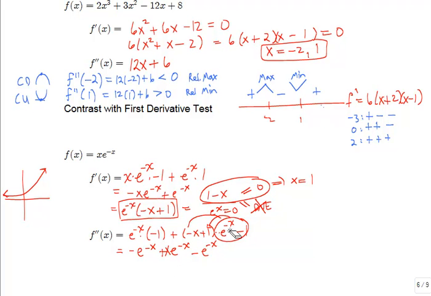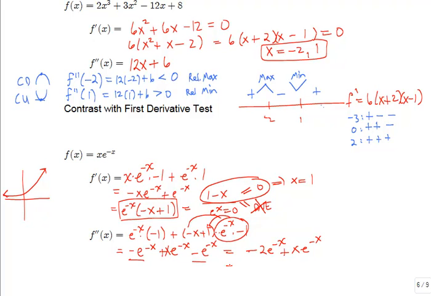Okay, so I just took my negative 1 times e to the negative x times our negative x, so it became plus, and we have an x and an e to the negative x left, and then my minus e to the negative x times 1. Okay, so simplifying that, these are like terms, so we'll have a minus 2 e to the negative x plus x e to the negative x.